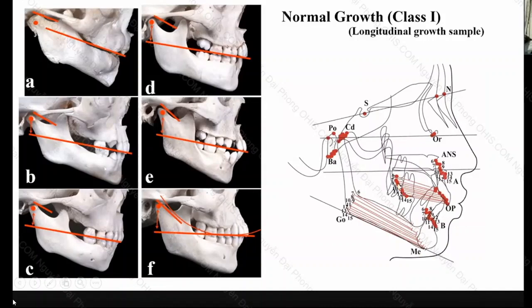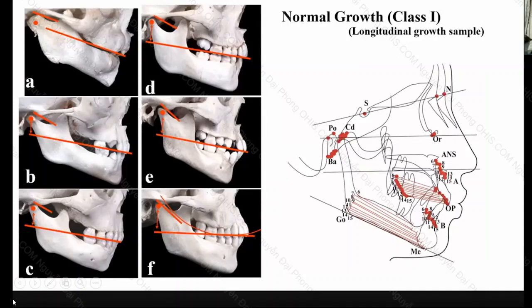It becomes a more and more flat occlusal plane, because if you compare the anterior part and the posterior part and observe the increasing amount of vertical dimension, it is clear the molar area vertical dimension increases more than the anterior part. Therefore, the occlusal plane slowly flattens.